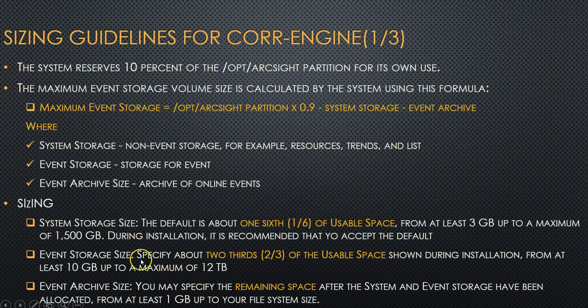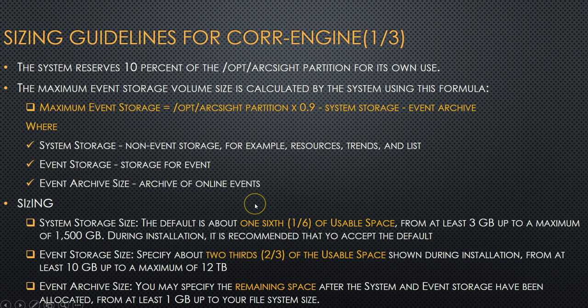For the event storage size, it's taken as 2/3 of the usable space during the installation, with a minimum of 10 GB and a maximum of 12 TB. So we now know that the maximum event storage is 12 TB. And the event archive size will be the remaining space.